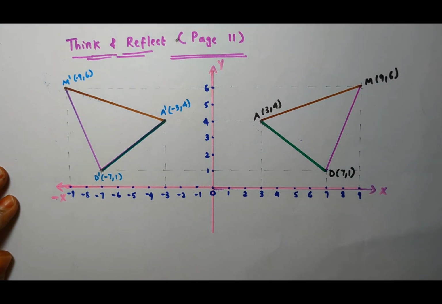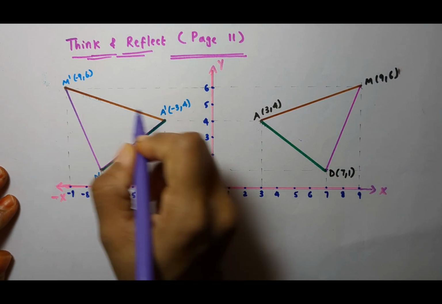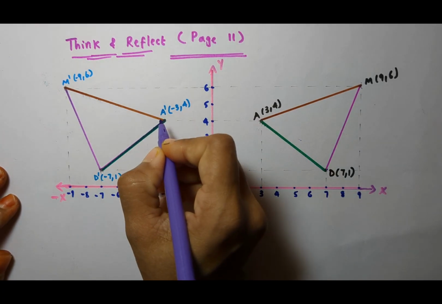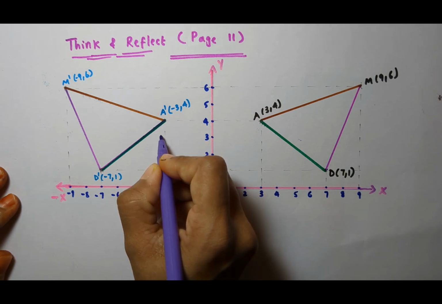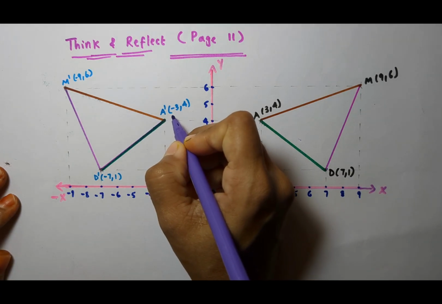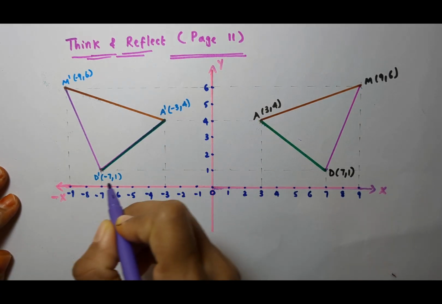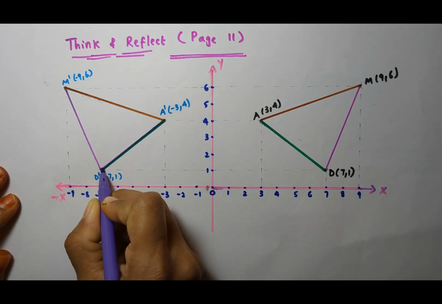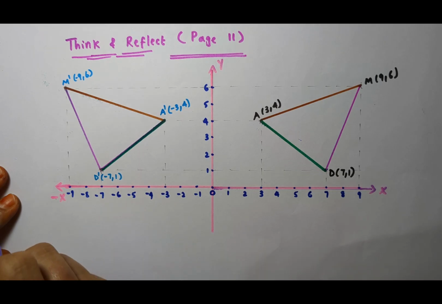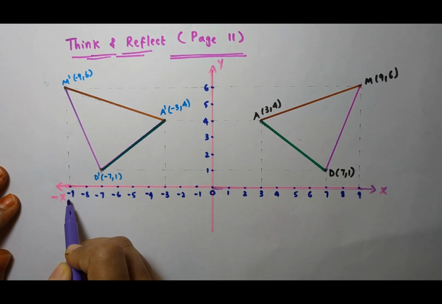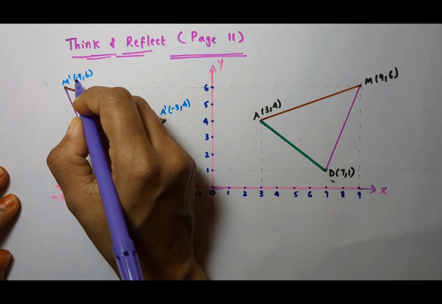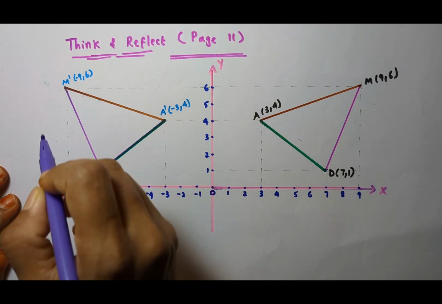Similarly, the image of this triangle reflected in the y-axis: the image of A is taken as A dash, where the x coordinate of A dash is minus 3, y coordinate is 4, so minus 3, 4. The x coordinate of D dash is minus 7, y coordinate is 1, so coordinates of D dash is minus 7, 1. Similarly, x coordinate of M dash is minus 9 and y coordinate is 6, so the coordinates of M dash is minus 9, 6.